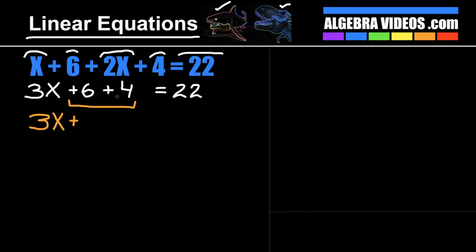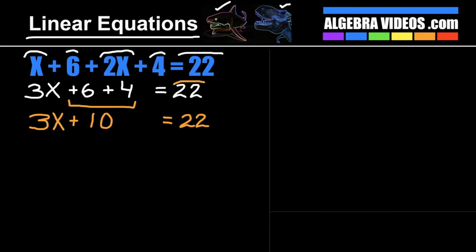Plus, and now let's simplify or combine the 6 and the 4. What is that? 6 plus 4 is 10, right? So I'm going to write a 10. And all of that equals, over here on the right side, nothing's changed with this 22, right? It's still just 22. Nothing new there.